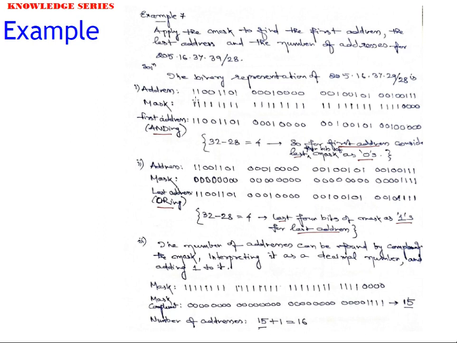In the AND operation, any bit ANDed with 0 becomes 0, and any bit ANDed with 1 stays the same. So when all 8 bits of the mask are 255, or 11111111, the same address appears. Only here it is going to be reversed, so this becomes 0, this is 1, and the remaining are 0.